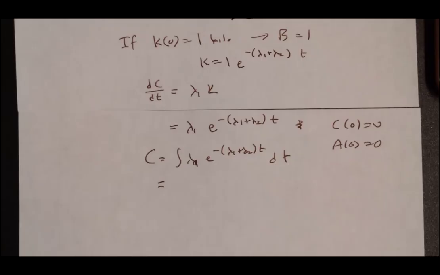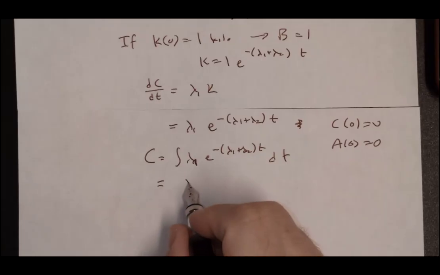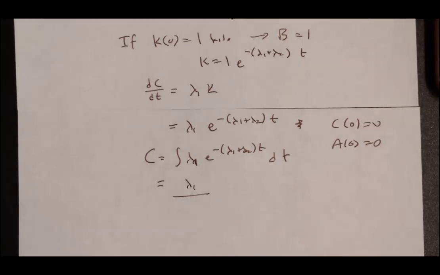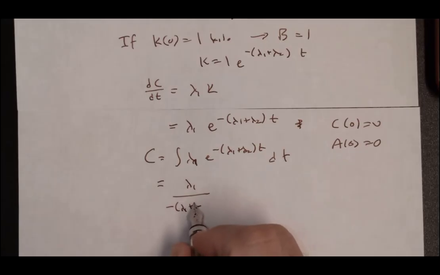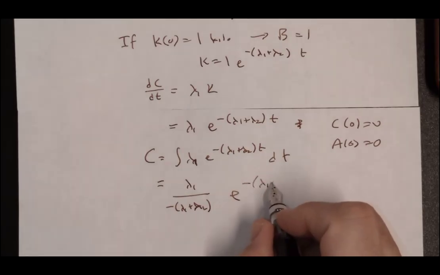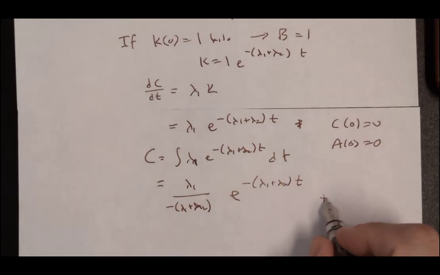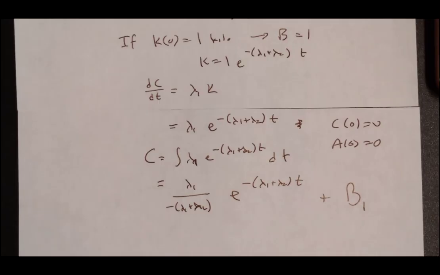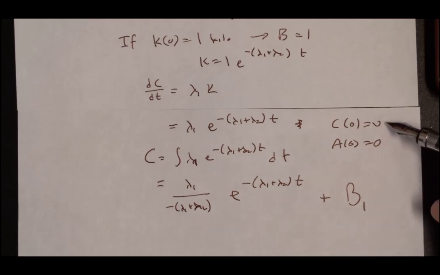So the integral of e to the number t is 1 over number, right? E to the number t. So I'm going to get lambda 1 over minus parentheses lambda 1 plus lambda 2 e to the negative lambda 1 plus lambda 2 t plus some new constant. And using my initial condition, I can solve for this number.